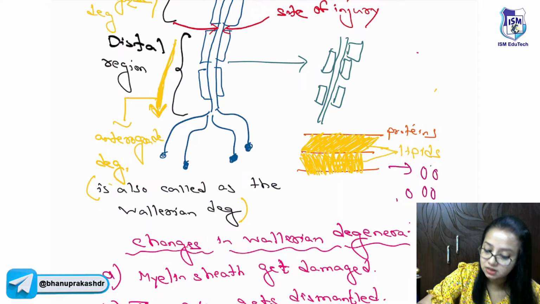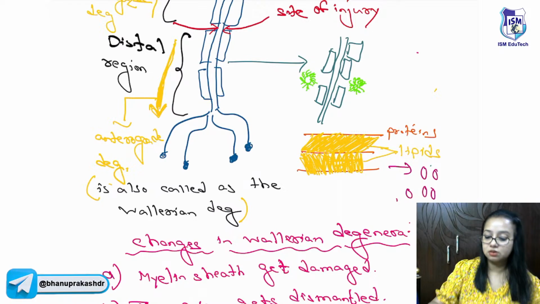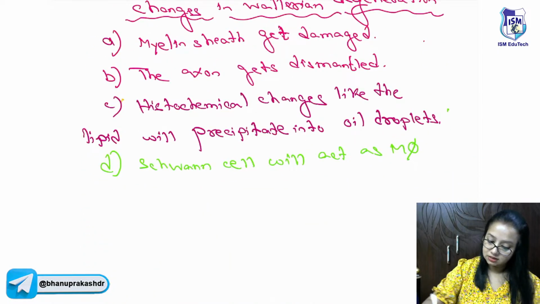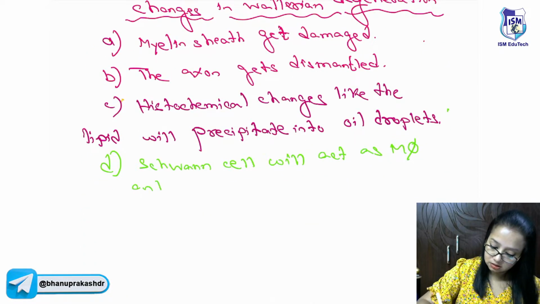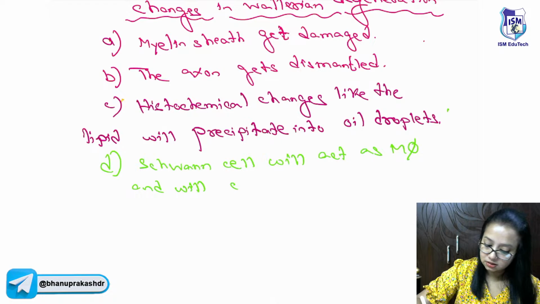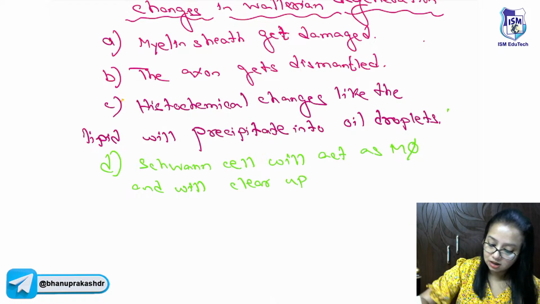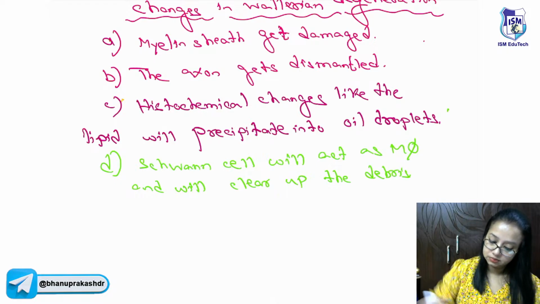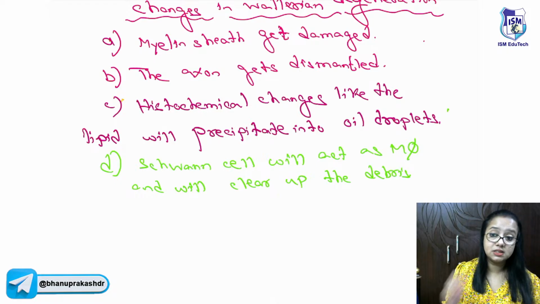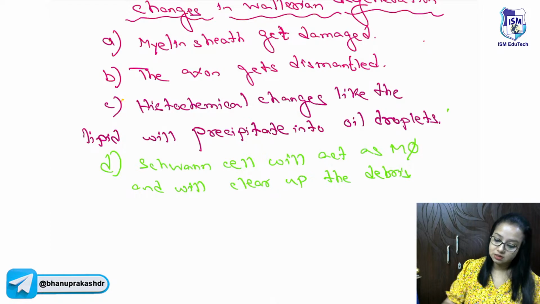So there will be these macrophages that will appear. The Schwann cell will act as the macrophages and will clear up the debris. Okay, these are the major changes that will happen in the distal portion.